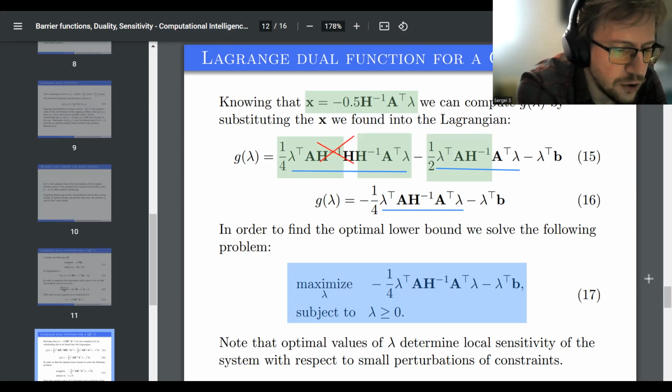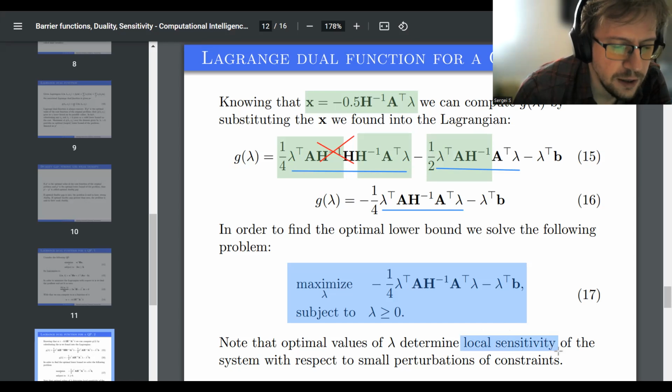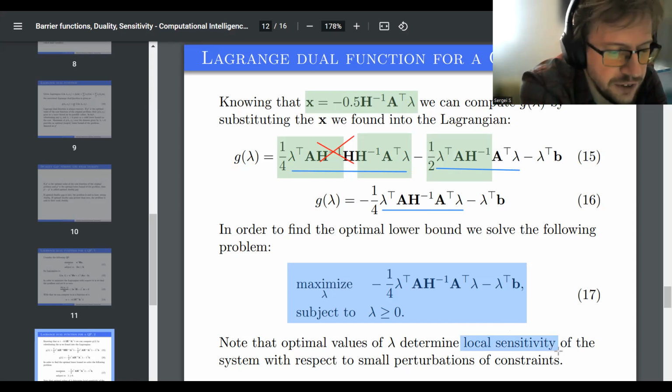Now we can use a concept called sensitivity, local sensitivity. What is local sensitivity? Local sensitivity is basically the optimal values of lambda for this problem.